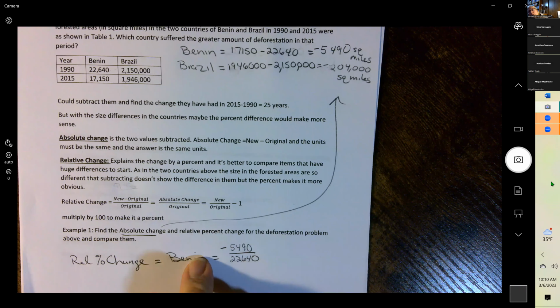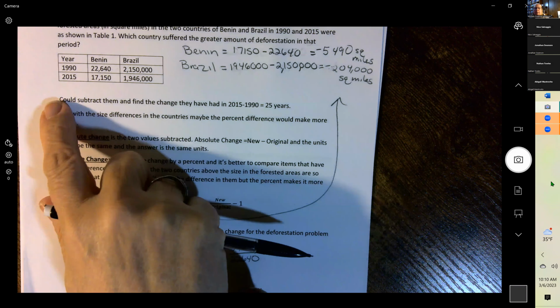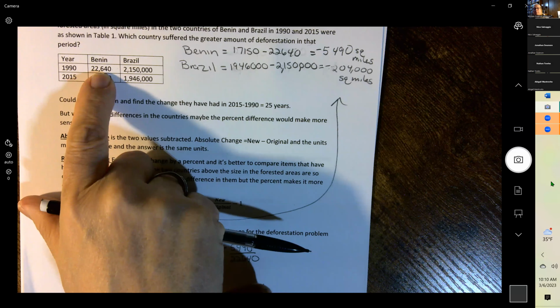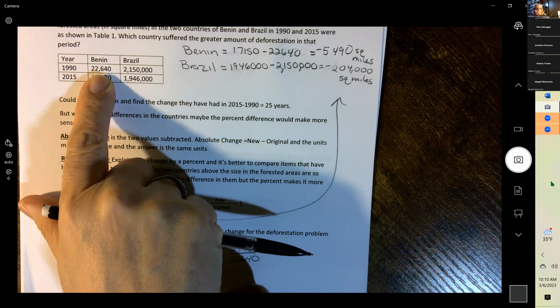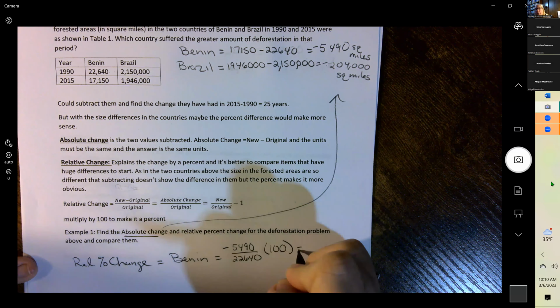So here then we take the subtraction, negative 5,490, and we divide by the original, which was 1990. We're going to multiply by 100 because we want to make it a percent.